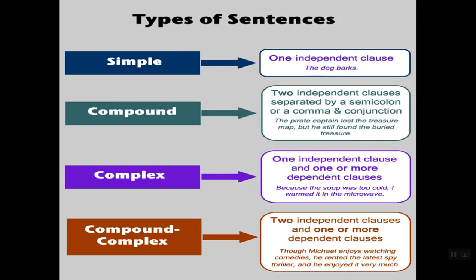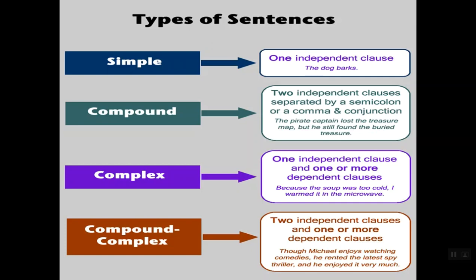So when you read the definition, it says one or more dependent clauses. Again, in order not to be confused, compound means two independent clauses. Complex means dependent clauses, one, two, three, any number.